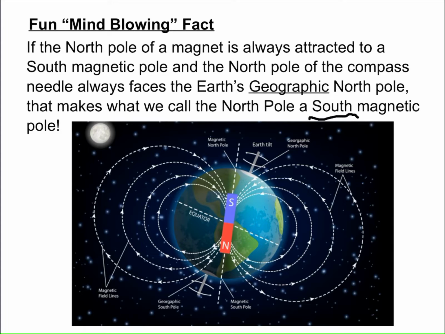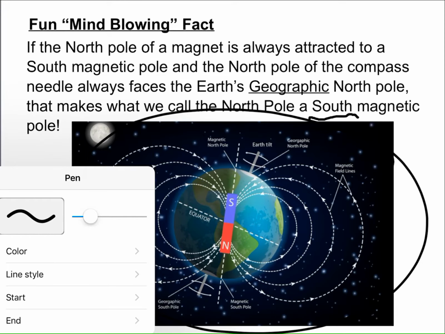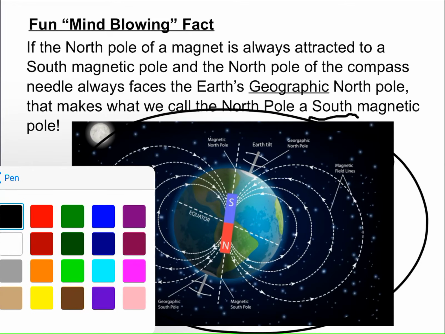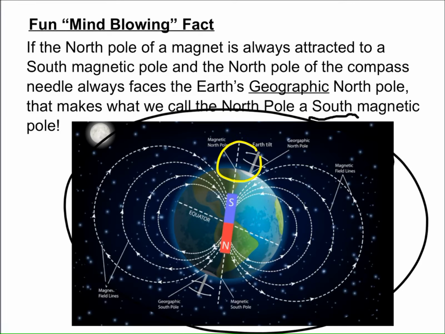And if you didn't want to believe me, I assure you I didn't draw this picture myself. This picture is in virtually any textbook you ever look at. So our North Pole, if you look at it here, I'll change the color so you can see it a little bit better. Our North Pole is actually a magnetic South Pole. Mind blown.